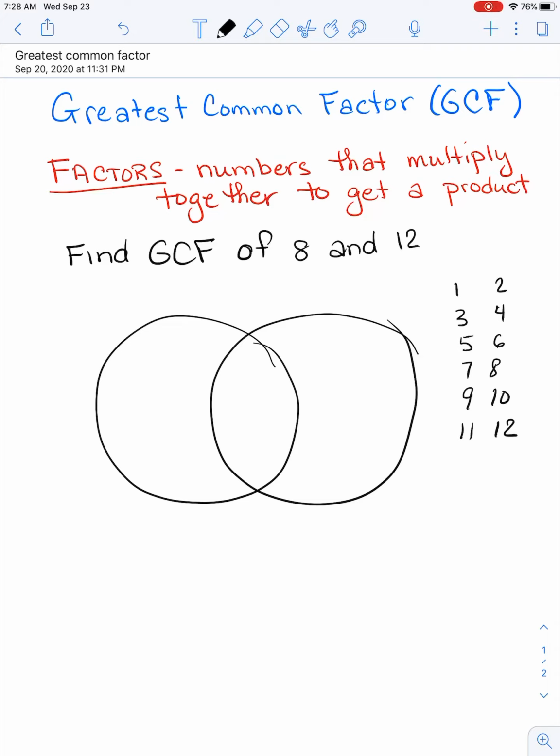So what I've done here is I have drawn what we call a Venn diagram. And most of you probably know what a Venn diagram is. A Venn diagram is to compare and contrast things, right? So this middle section here, let's kind of highlight it.